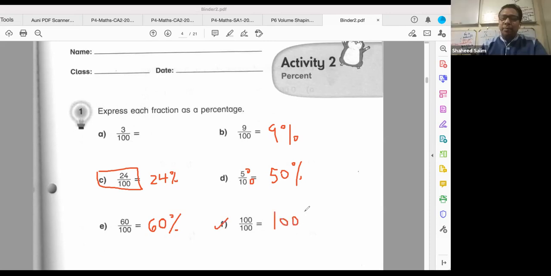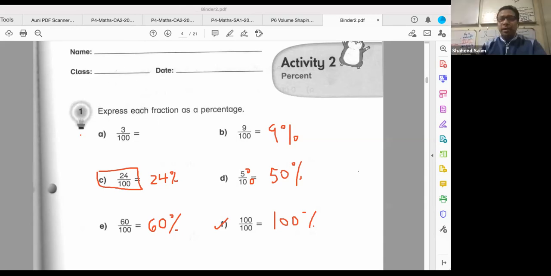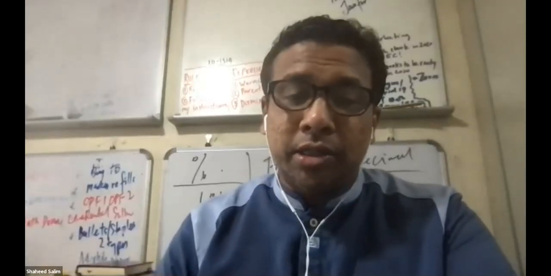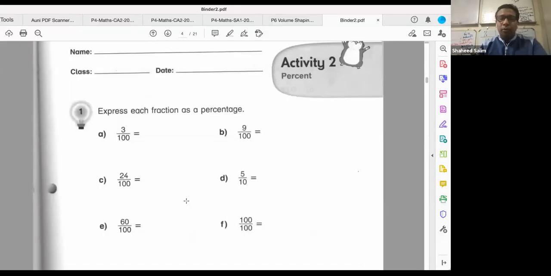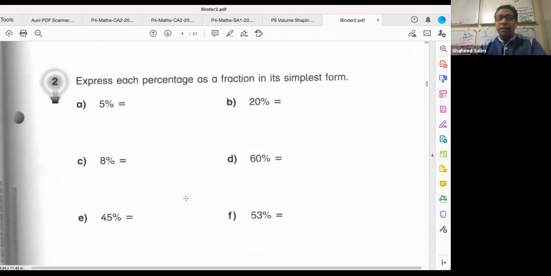Yes. I found an easier method to do D. Just see 5 out of 10, and then you know it's 50% because 5 is half of 10. Well done. Okay, congratulations to Miss Putri. She sent me an answer. Welcome back to Shafia. All right, now we want you to change to fraction simplest form.